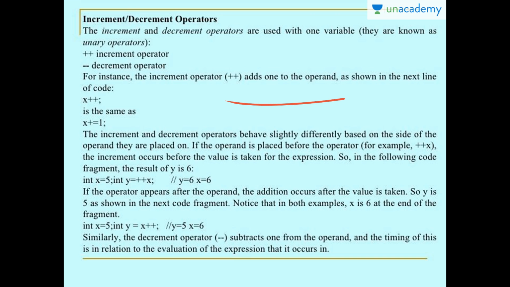If you have x = 10 and you write x++, after compilation the answer will be 11, because x++ means x = x + 1. In the same way, the decrement x-- means x = x - 1.